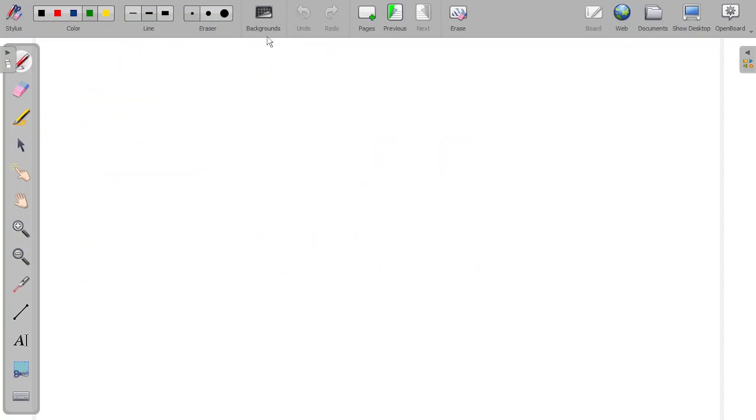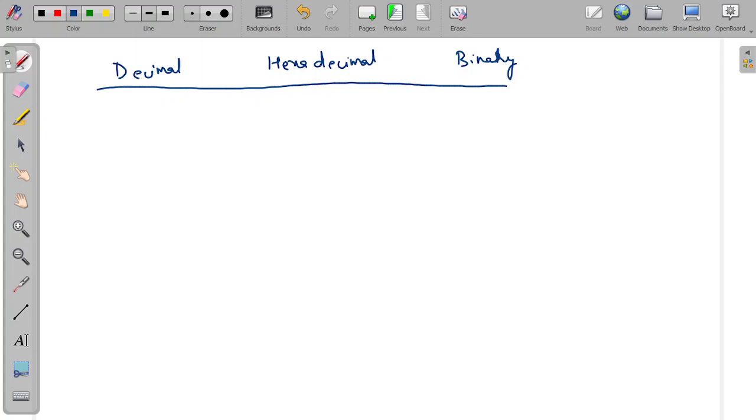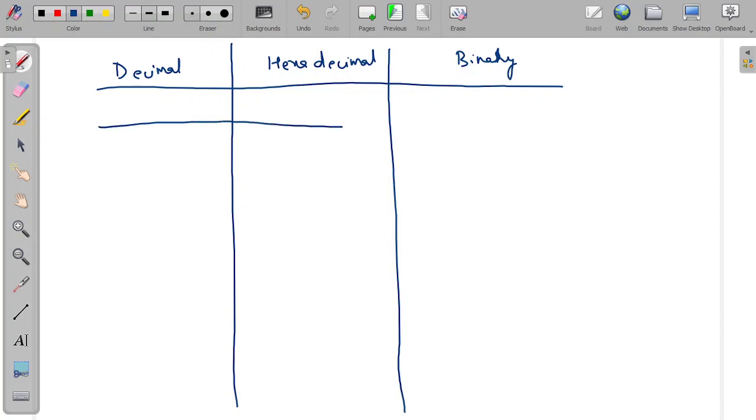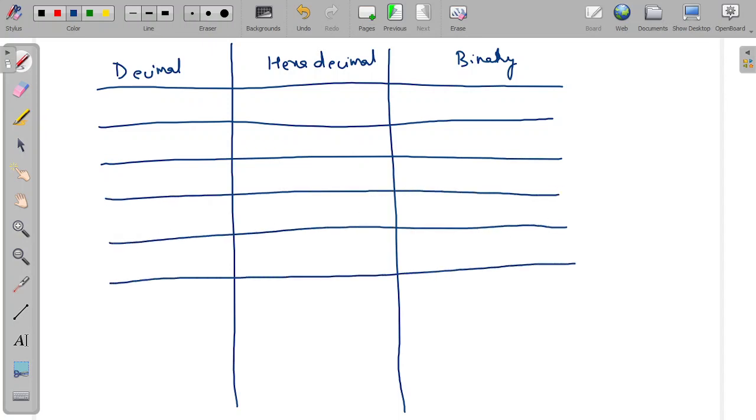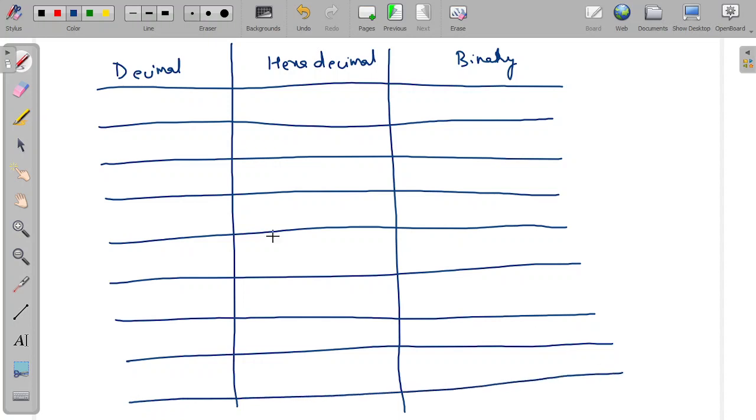Okay, so I will give a table which will help you in the conversion between different number systems and binary.